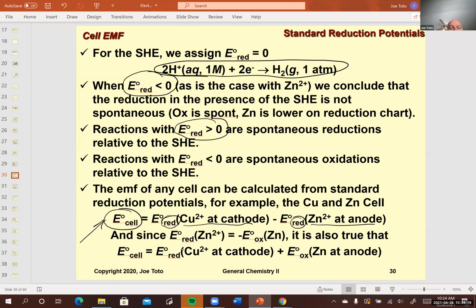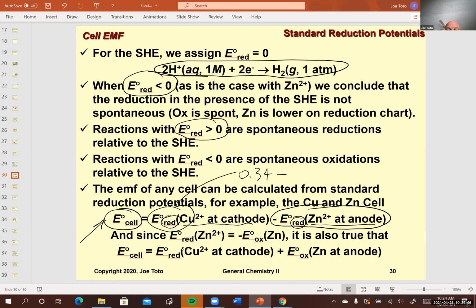So if I look there, I'm going to find that the reduction potential of copper 2 plus is 0.34 volts. And then I'm going to look up the reduction potential of zinc. Even though zinc is going to get oxidized, I can still use the reduction potential in this equation to calculate the voltmeter reading, or E cell.